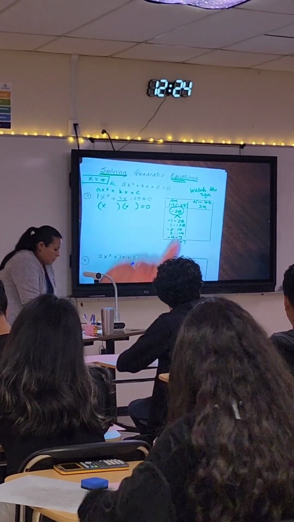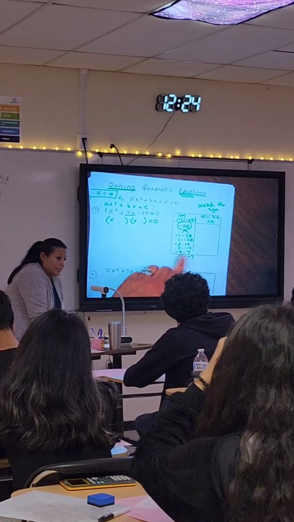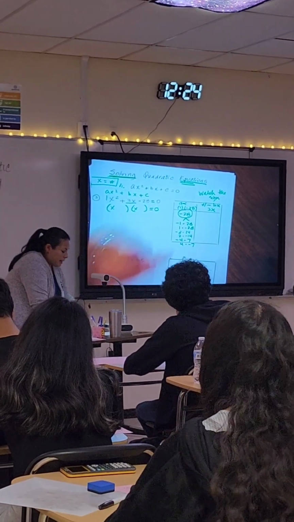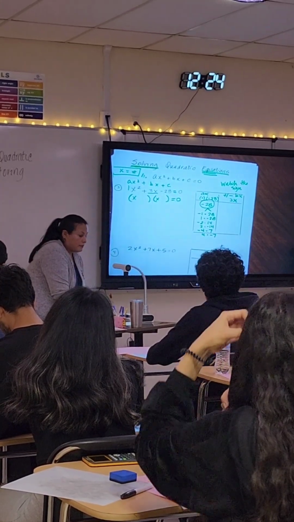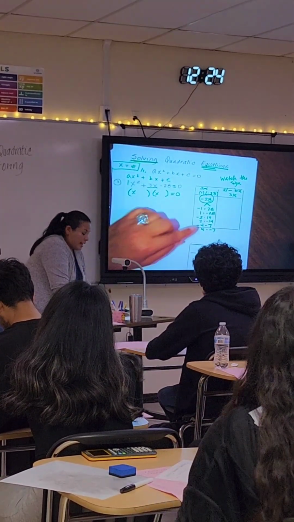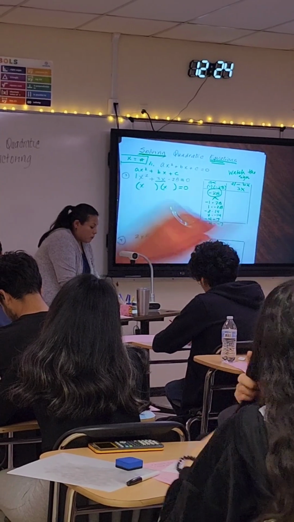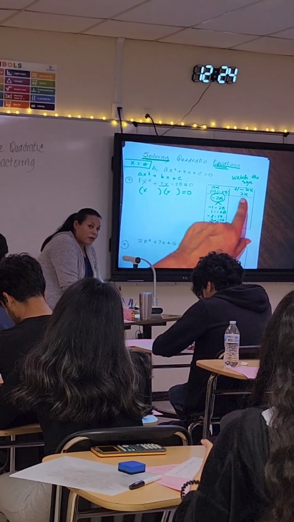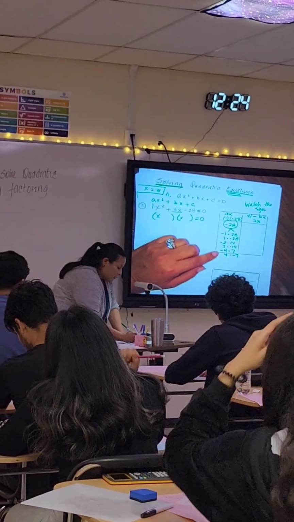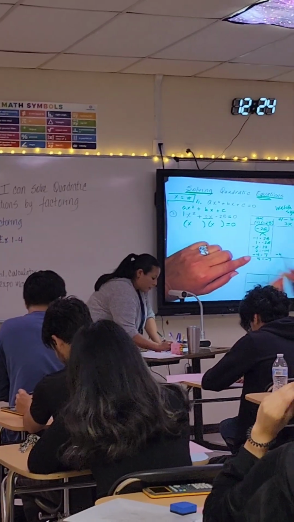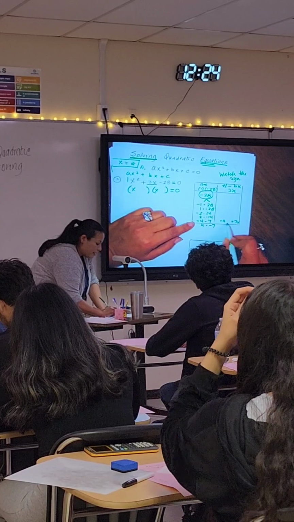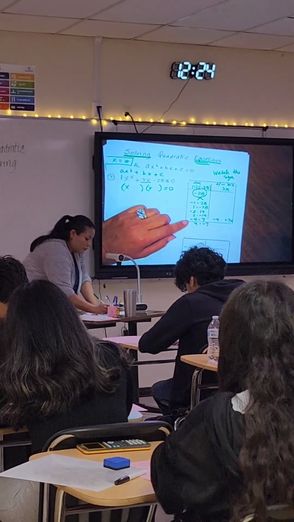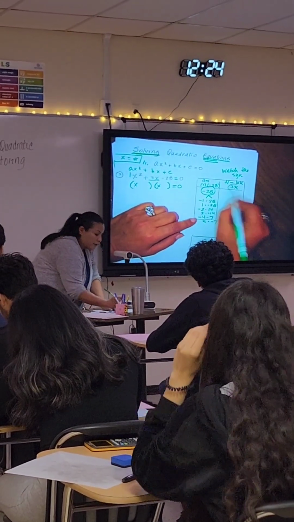No. It's gonna have to be the 4 and the 7, right? Now, will it be a negative 4 and positive 7, or a positive 4 and a negative 7? Negative 4 and positive 7, because I want this x term to be positive, so I need my larger number to be positive. So it will be a negative 4 and a positive 7. If I were to combine them, that's going to give me my positive 3x.